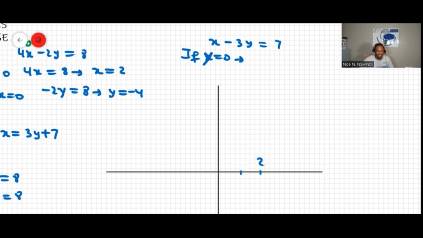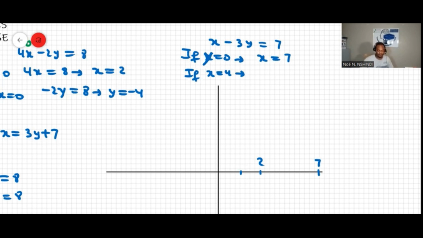So if y is 0, we have x is equal to 7. Let's say 7 is somewhere there. And then I'll give x a value of 4, for instance. Any value will work, I just don't want to work with fractions.